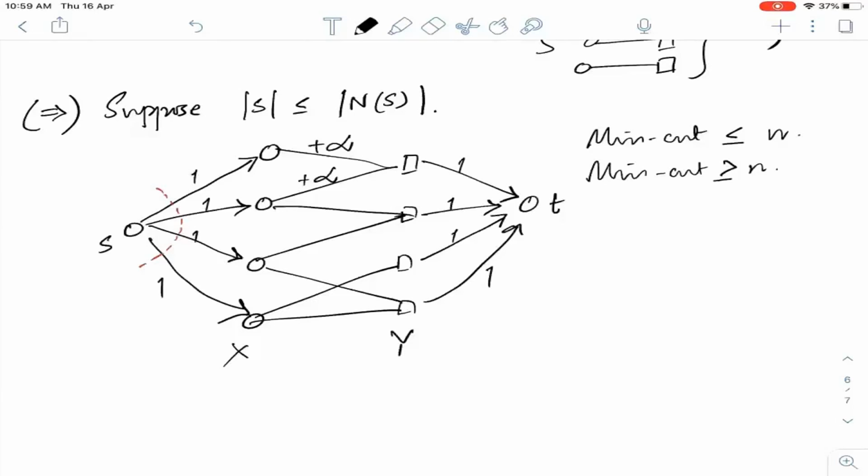So let's fix any cut in the graph. Fix any s-t cut. I'm going to prove that the capacity of any s-t cut in this graph is at least n. Now note that these edges have some directions.